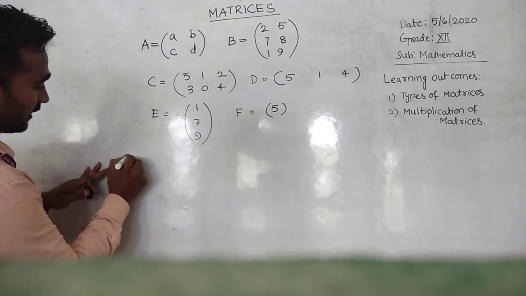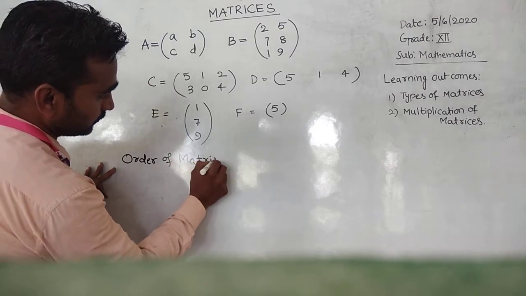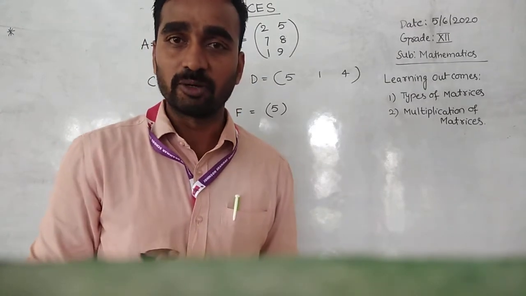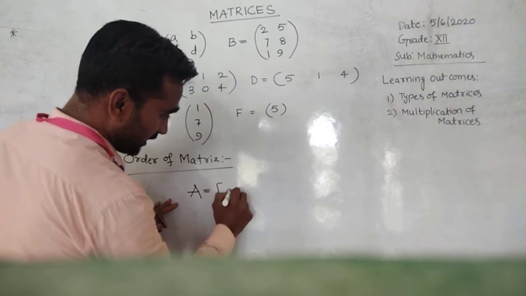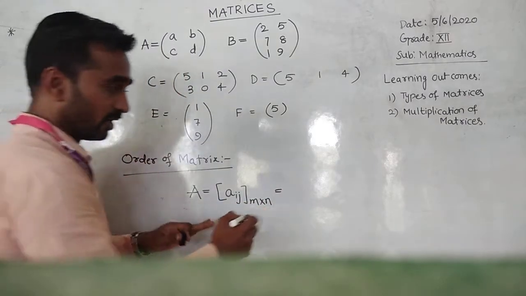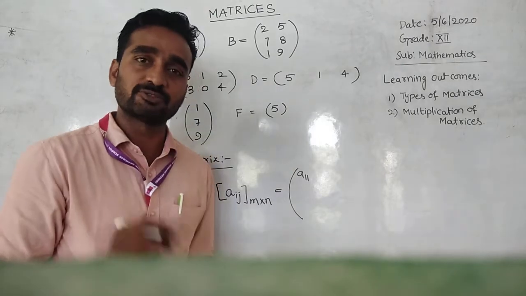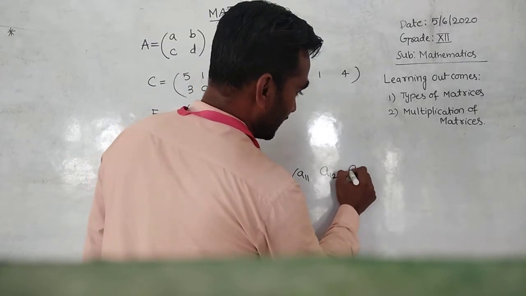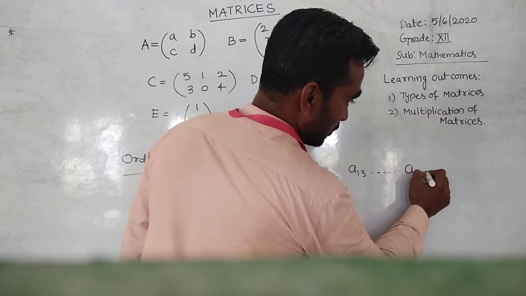Next one, order of the matrix. See here, in general I am taking one matrix. This is the general form of a matrix. That is A is equal to aij, m cross n, and its expanded form. a11 means first row and first column, a12 means first row and second column, a13 first row and third column, up to a1n, first row and nth column.